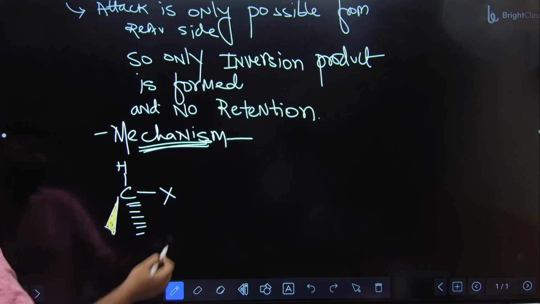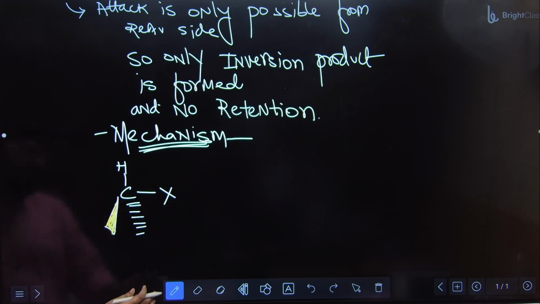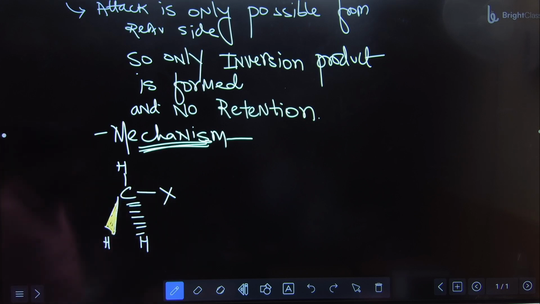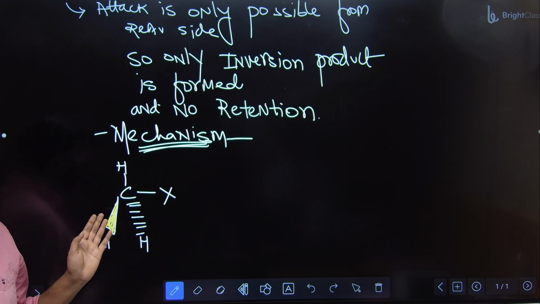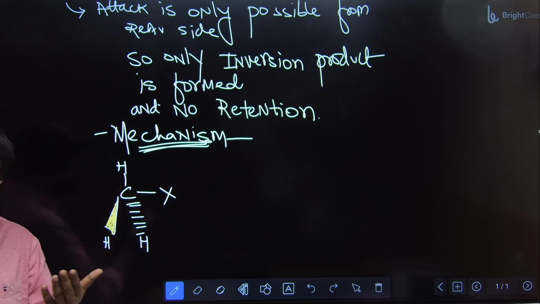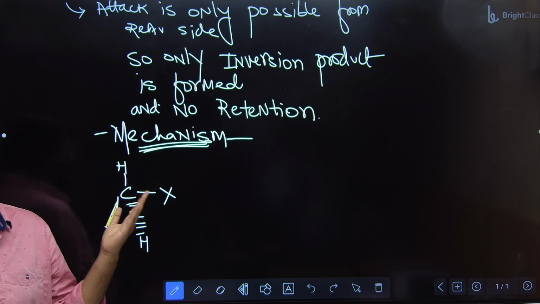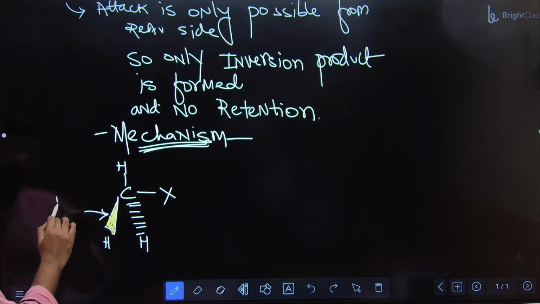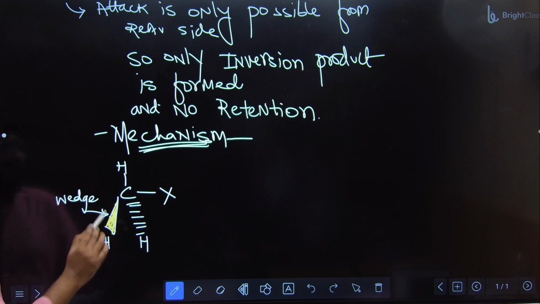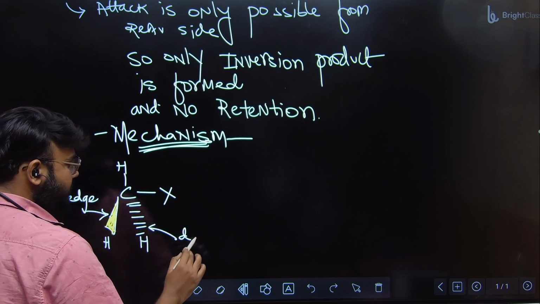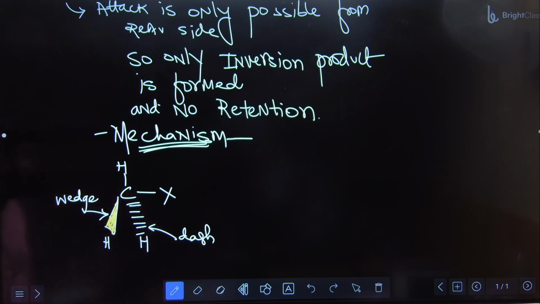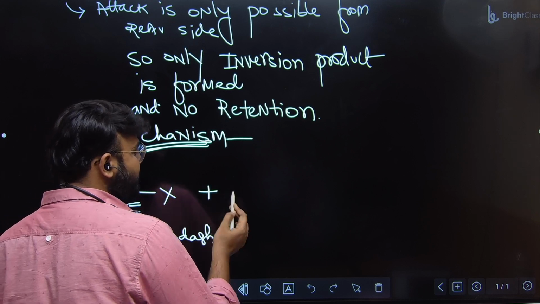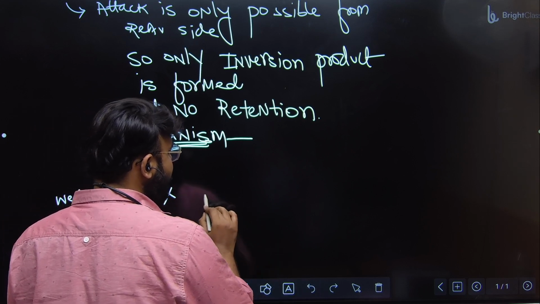It's simple methyl chloride only. Just the way I am representing is different. I'm trying to show a 3D model. So wedge and dash. Wedge is towards you, dash is away from you. Like tetrahedral. You got it, no? So this structure is called wedge, and this is dash.